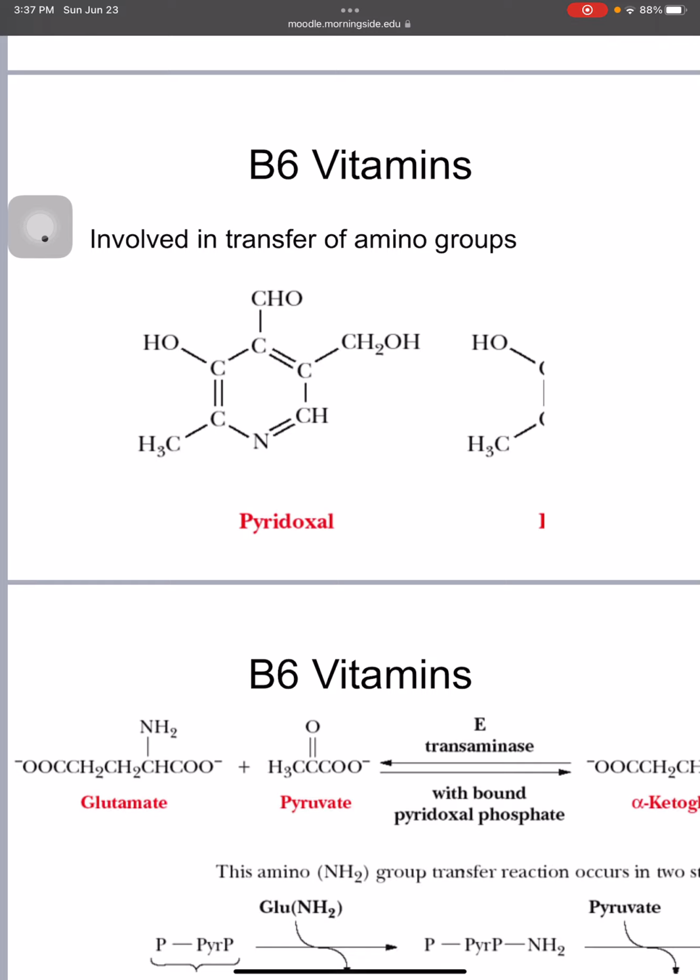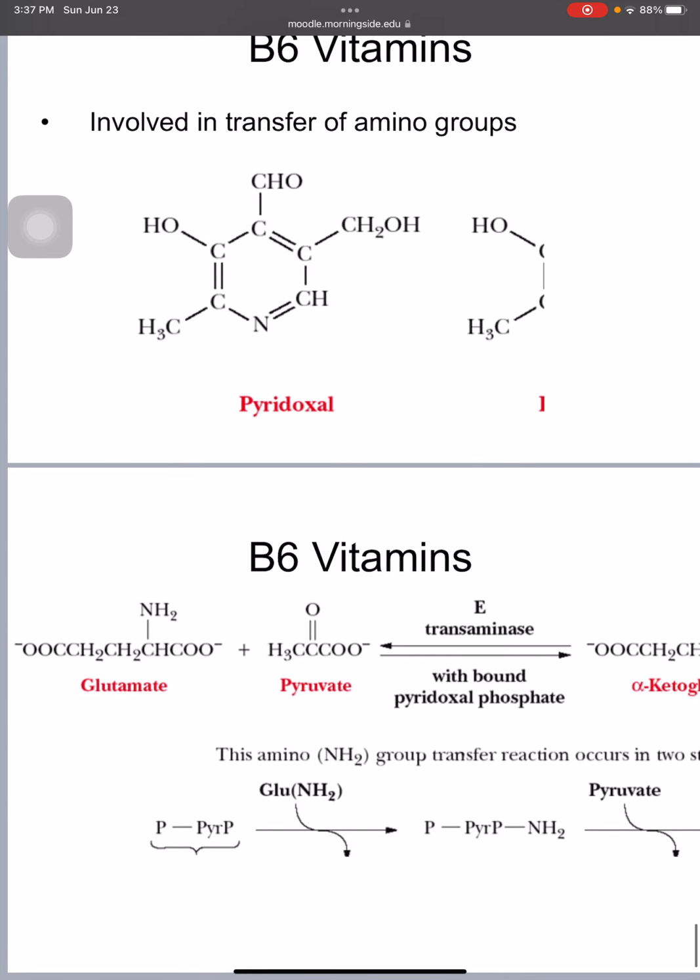So this last slide shows one of several examples of this, right? You can have a couple of compounds here, glutamate and pyruvate, and you see glutamate has an NH2 sticking up out of it.